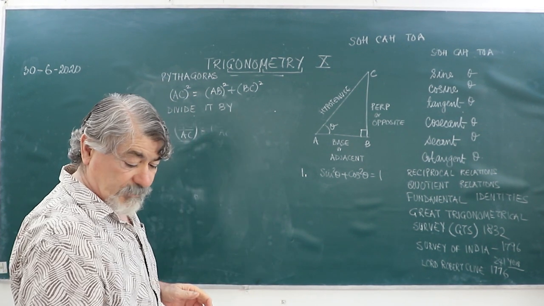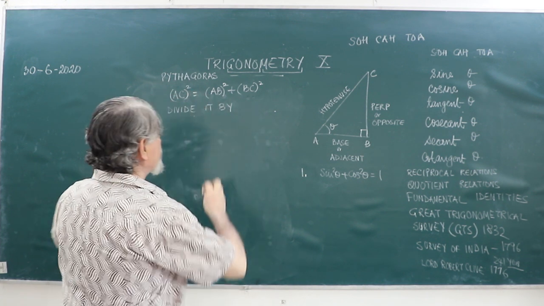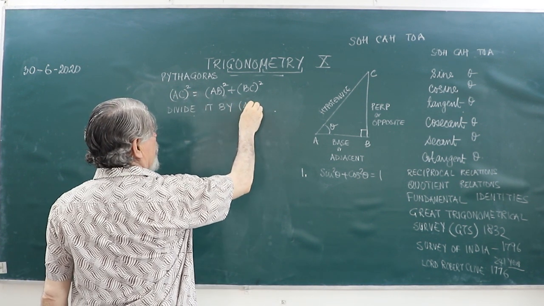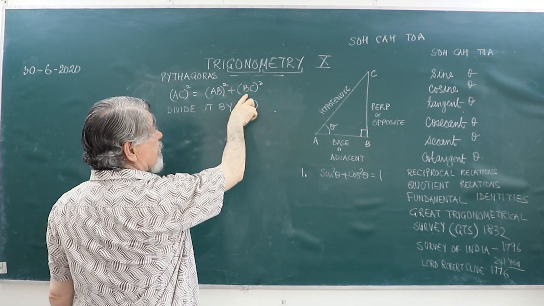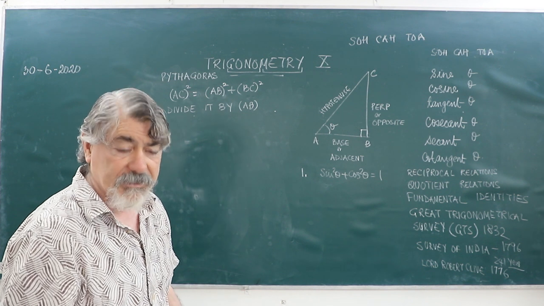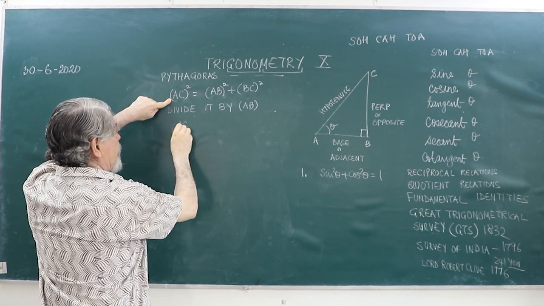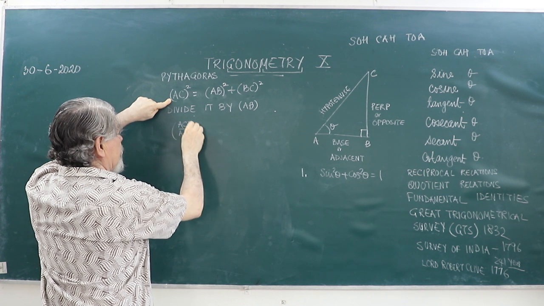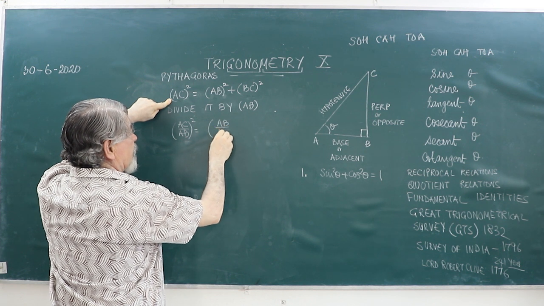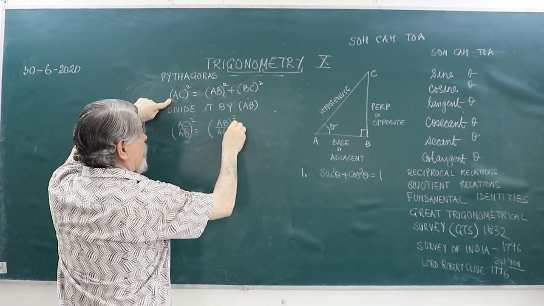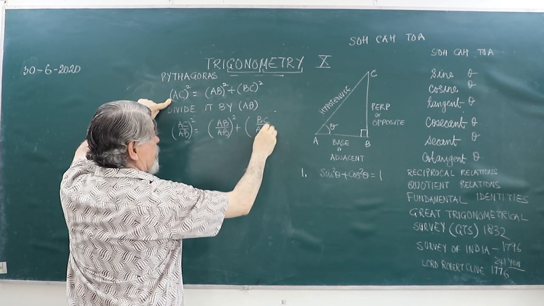Now we divided by AC, now let me divide the whole equation by AB. In the next case I will divide by BC, and see what happens. When you divide, AC by AB whole square is equal to AB upon AB whole square, obviously this will become 1, plus BC upon AB whole square.